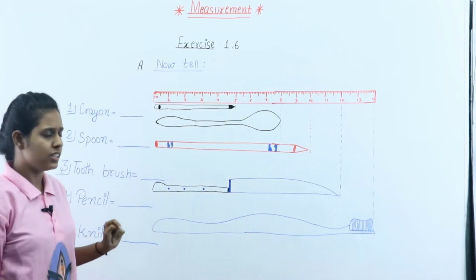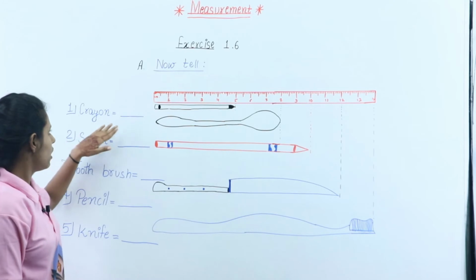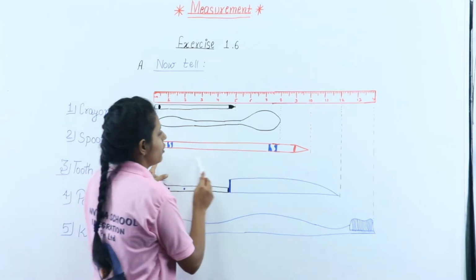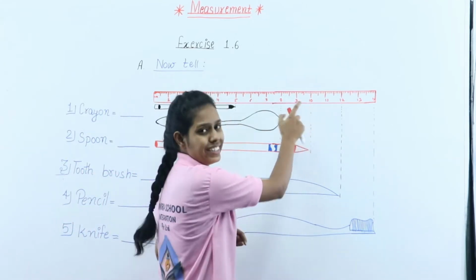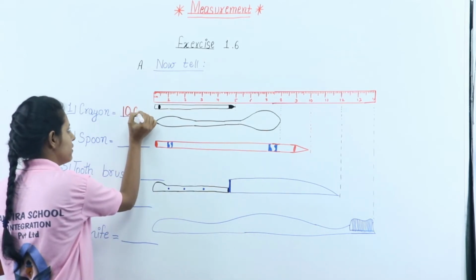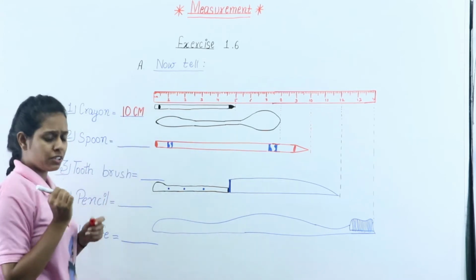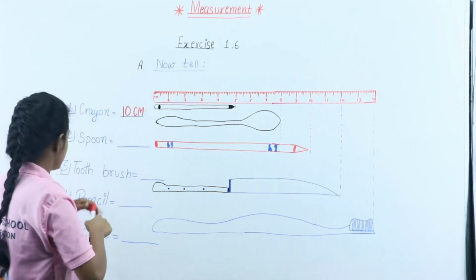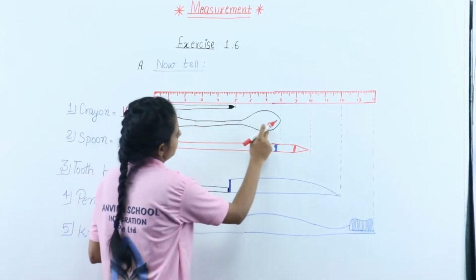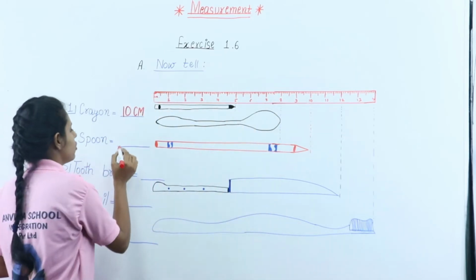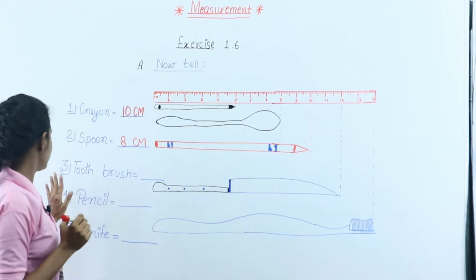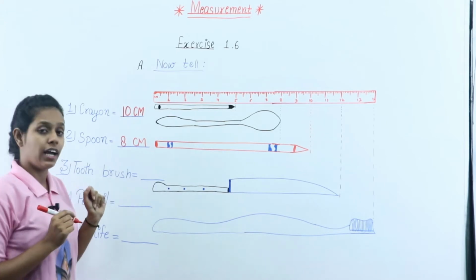Now, the answer of this question. Crayon. What is the length of the crayon? The length of the crayon is 10 centimeter. Next is a spoon. The length of the spoon is 8 centimeter. Now, next is the toothbrush.